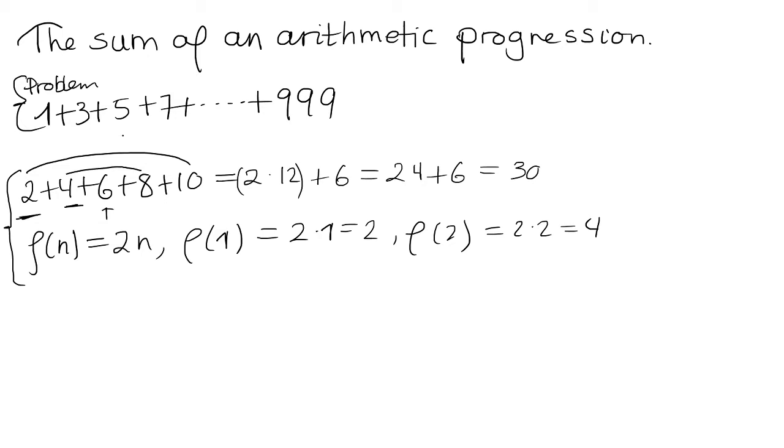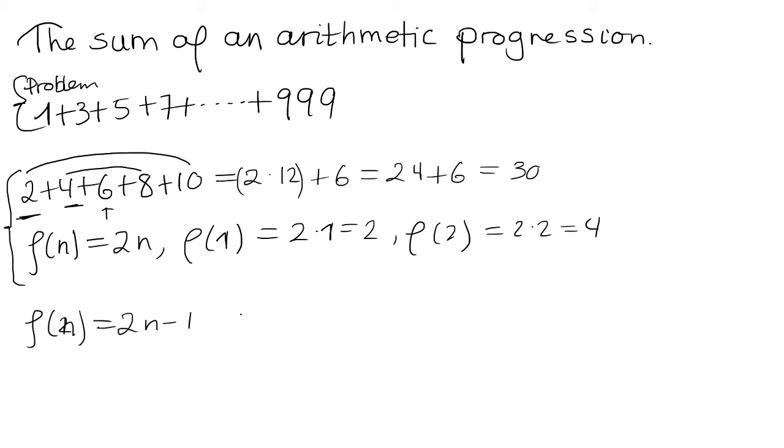In the original problem though, all of the terms of the arithmetic progression consist of odd numbers. So we might be able to see fairly quickly that we can describe the value of the nth term of the original problem as 2n minus 1.